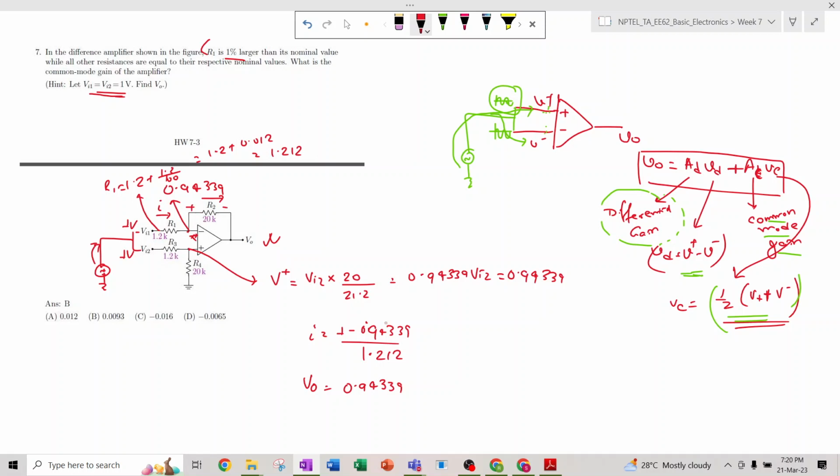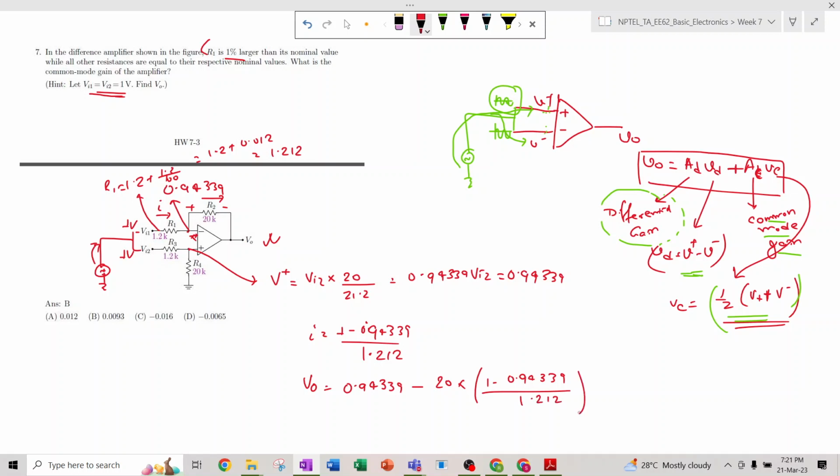minus this drop: 20 into (1 minus 0.94339) divided by 1.212.